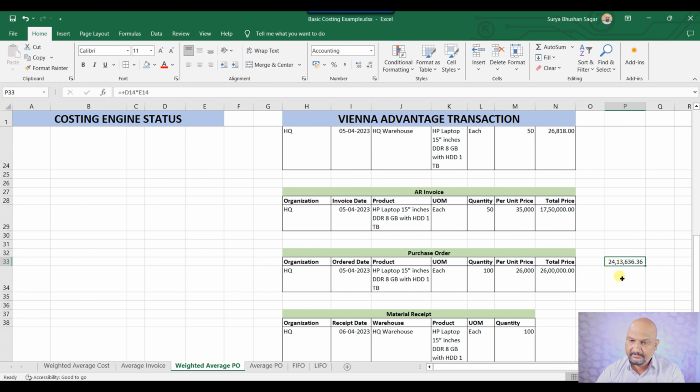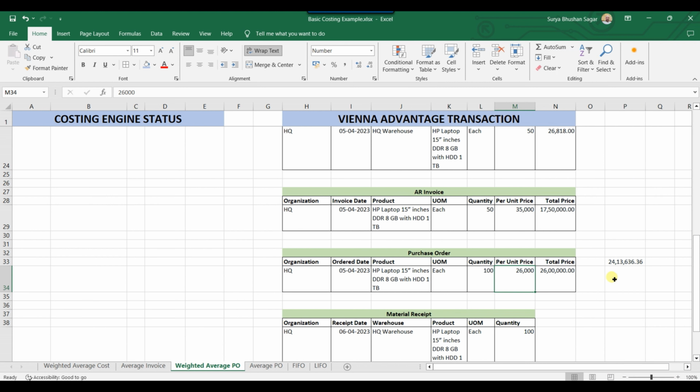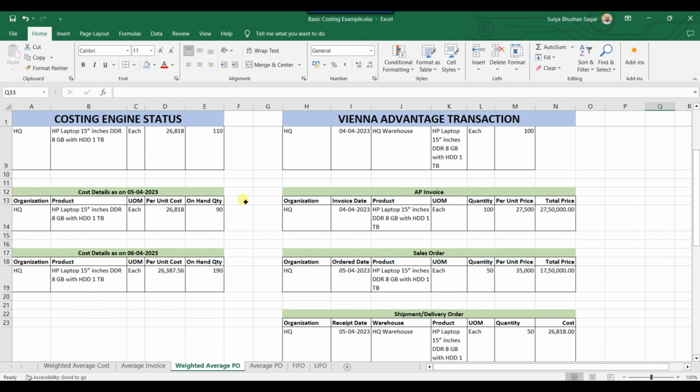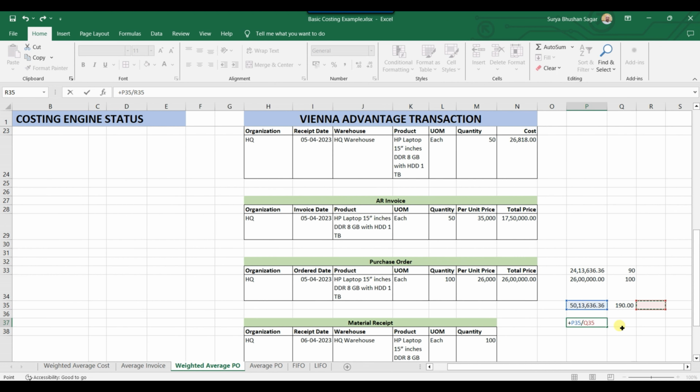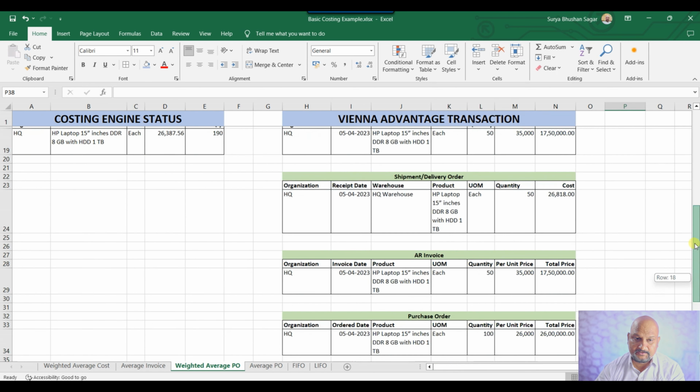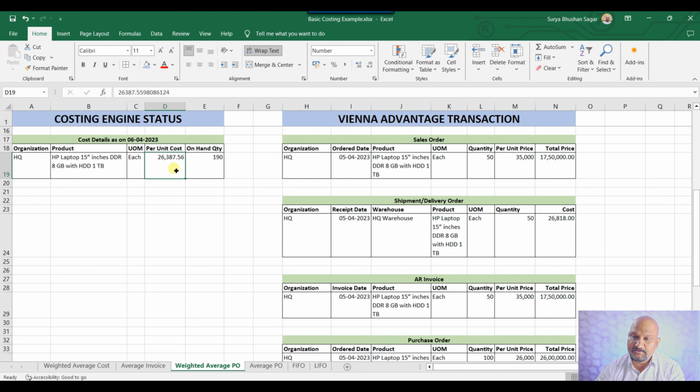Next value is 100 into 26,000, so that is equal to this value. My stock available was 90 quantities previously, and the next quantity coming is 100. Now we total this and it is going to be this divided by the available stock, so it is 26,387.56, and the same would be derived at the level of the costing engine.